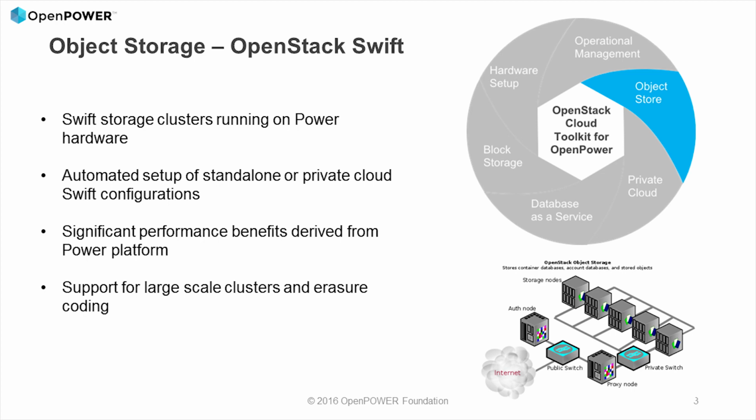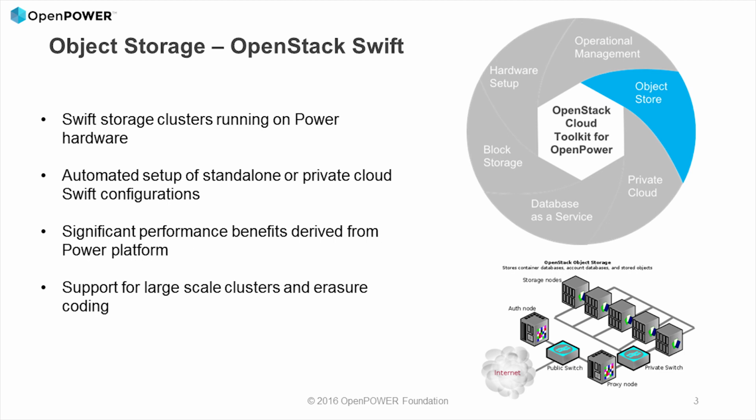A big and important function that's emerged in OpenStack and the industry overall is object storage. You would be hard-pressed to find a cloud these days of any significance that doesn't have object storage. So one of the things that the toolkit sets up is this Swift cluster that's running on OpenPOWER hardware.